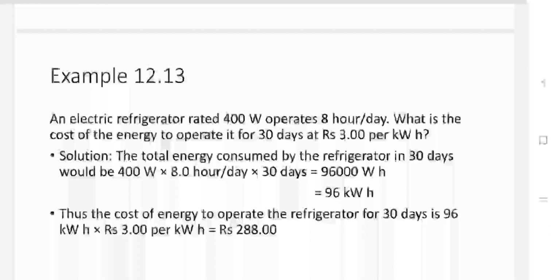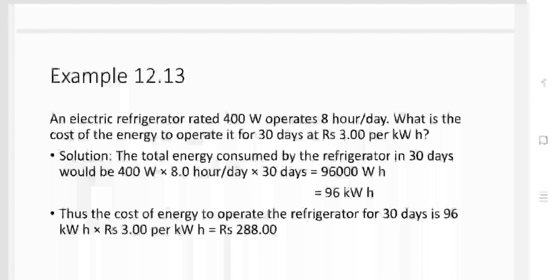Another example: an electric refrigerator rated 400 watt operates 8 hours per day. What is the cost of the energy to operate it for 30 days at rupees 3 per kilowatt hour? Right? We need to find out the cost.